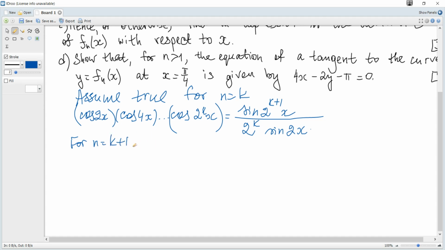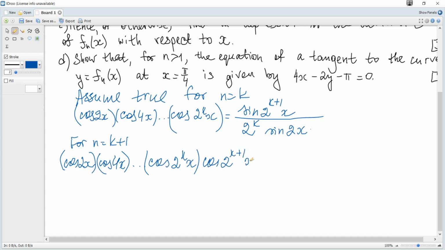Hence the left hand side becomes cosine of 2x multiplied by cosine of 4x, and so on, multiplied by cosine of 2 to the power k x, the term corresponding to n is k, and multiplied by cosine of 2 to the power k plus 1 x, the term corresponding to n is k plus 1.